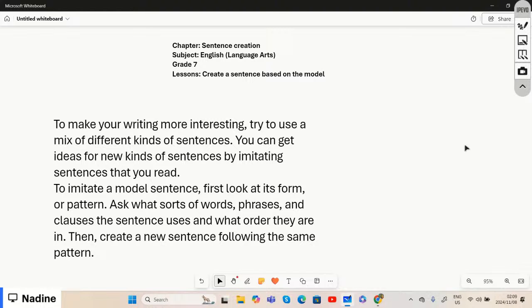Once again, in order for you to make your writing more interesting, you need to try and use a mix of different kinds of sentences.